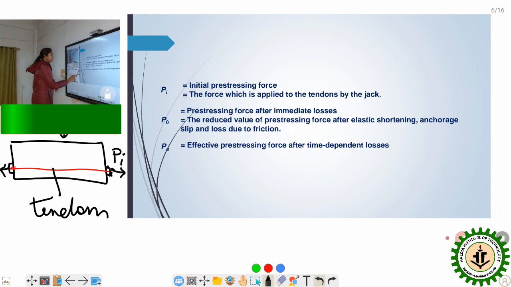Okay, this is the hydraulic jack. So the initial pre-stressing force given to the tendons is Pi. Now when the pre-stressing force is given and the jack is set and then removed from the tendons, there are some immediate losses the tendons go through, right?